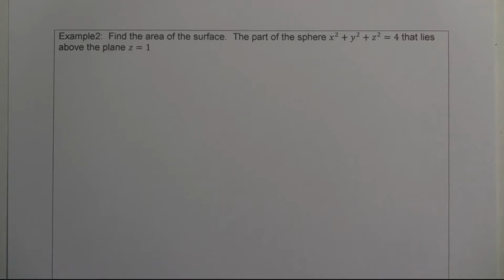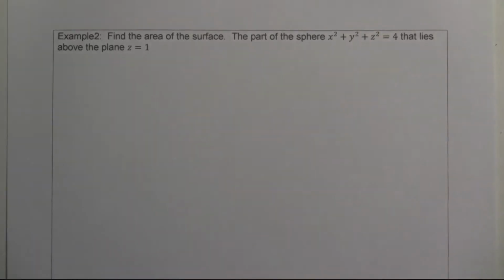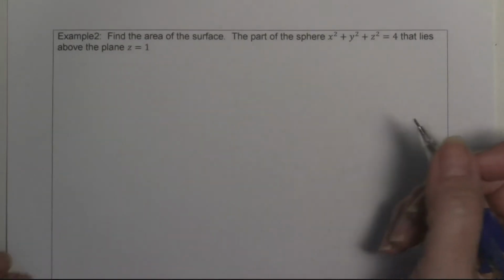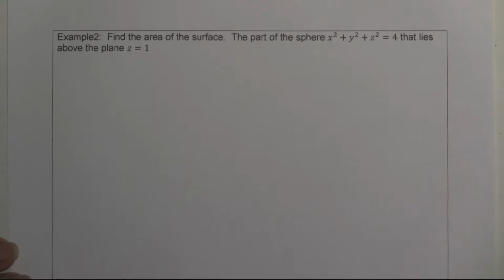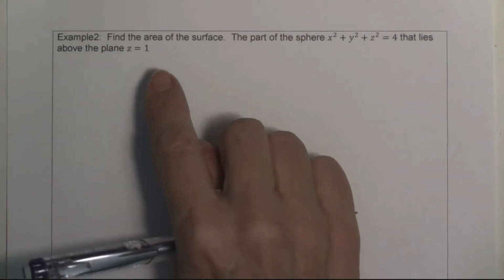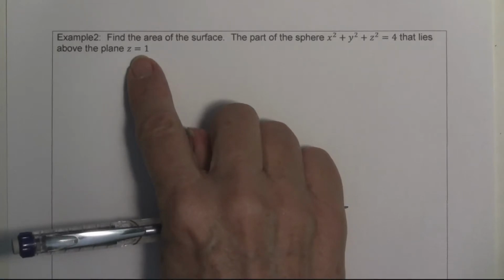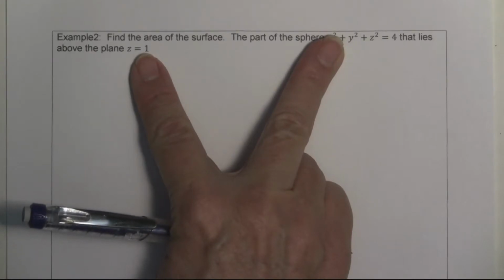The first thing I have to do, so there are 2 things I'm going to have to do. I have to take this and solve for z so that I can find my partials of x and partials of y. And then in order to find the domain that I'm going to be integrating over, I have to let z equal the plane, putting them together as 2 equations, 2 unknowns.